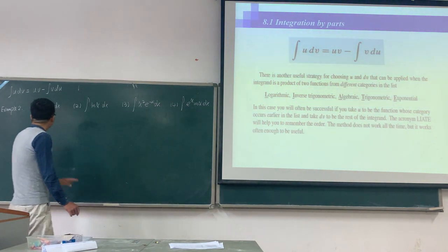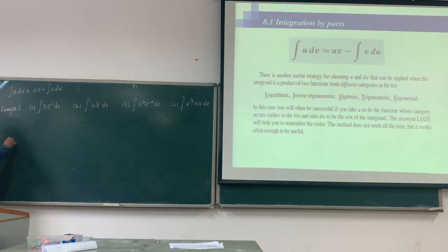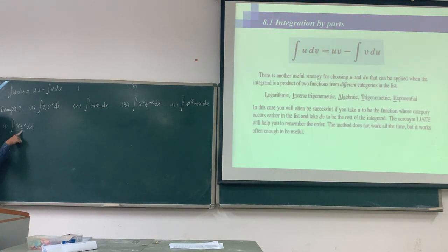For the first one, we have x e to the x dx. Now we need to choose u and v. x is an algebraic function and e to the x is an exponential function.